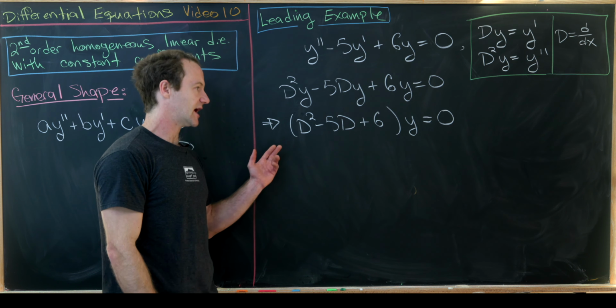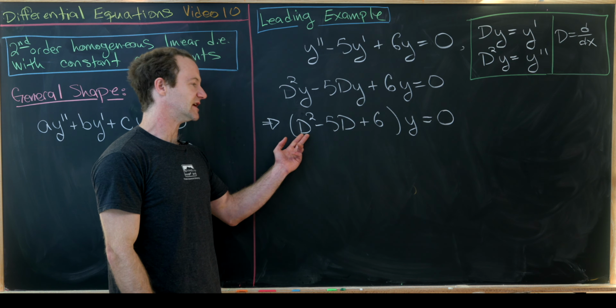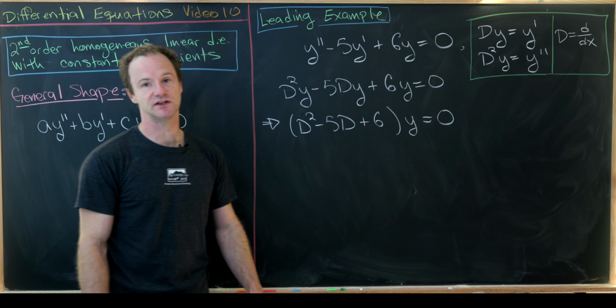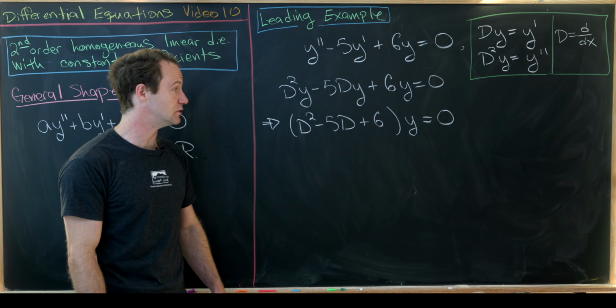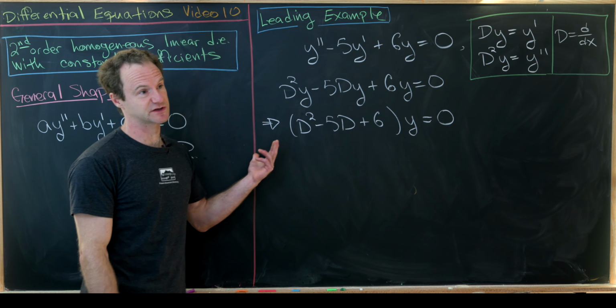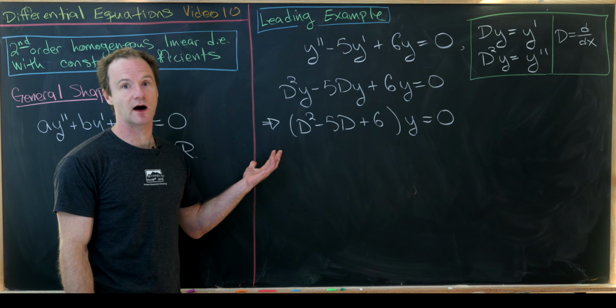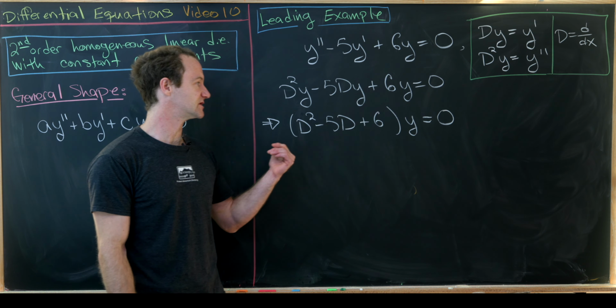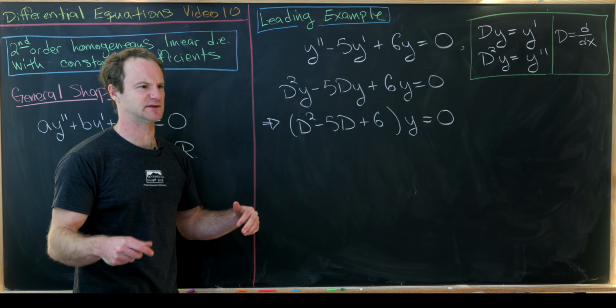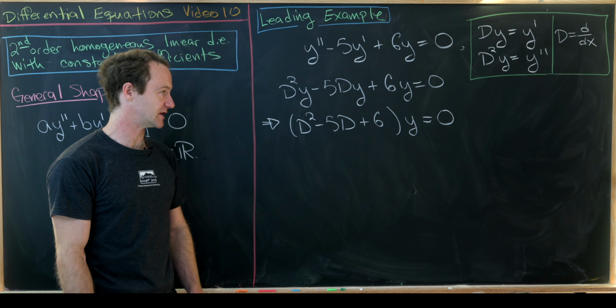Now, like I said, we know that the D operator is a linear transformation on the vector space of continuous functions. I guess I should say smooth functions. So that means that D² is also a linear transformation because it's a composition of two linear transformations. And we read the number 6 as 6 times the identity linear transformation.